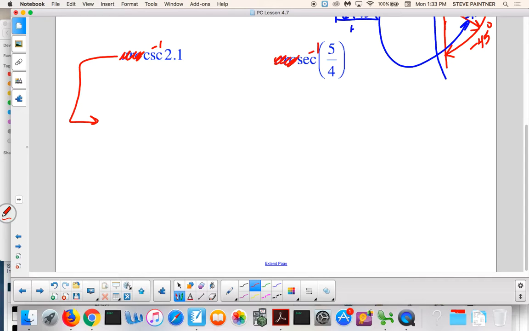Did you like working with cosecant? Probably not. Changed it to what, I hope? Sine, right? Do you understand? That is a ratio. It's 2.1 over 1. You just have to do what? Flip it. That's all I gotta do. Punch it in.